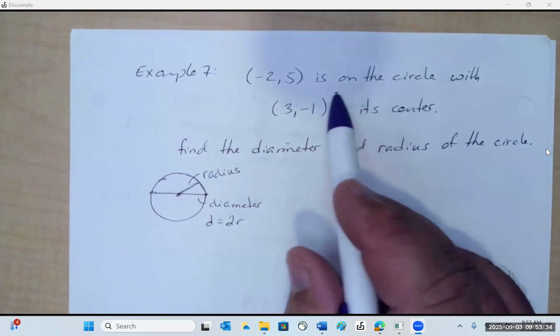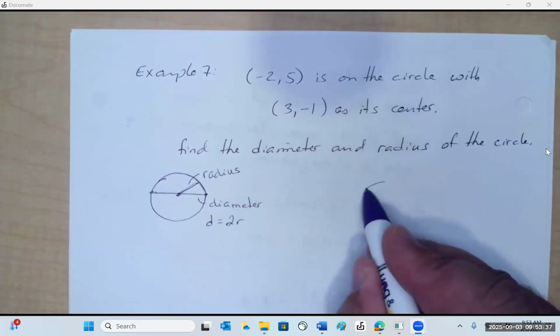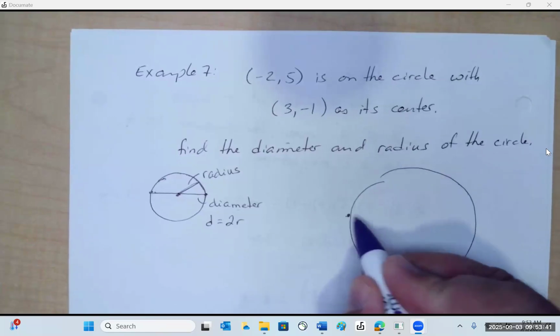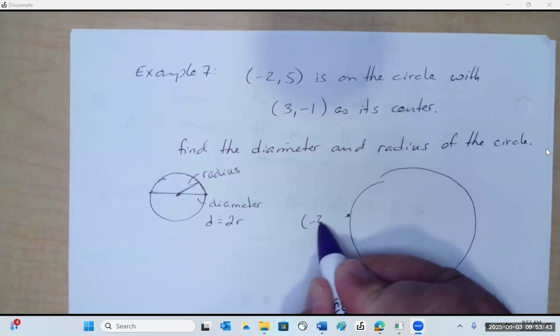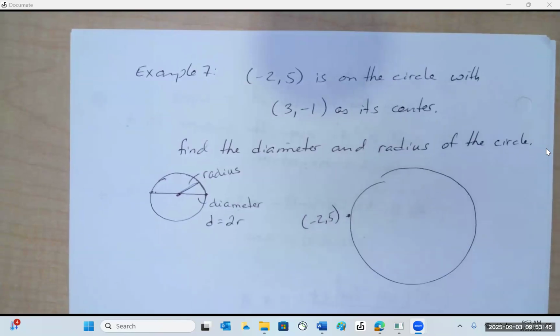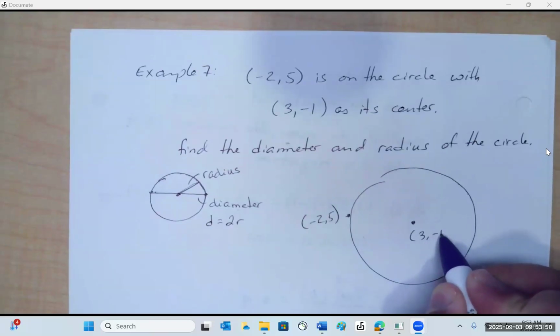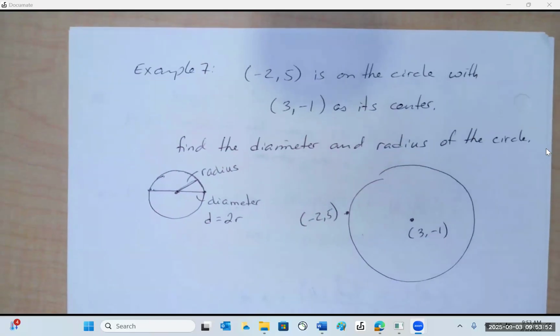So what we know from here is we have a circle. We have a dot on that circle, which is at -2, 5. The center of the circle is at 3, -1. Have we learned anything so far that we can use for this?